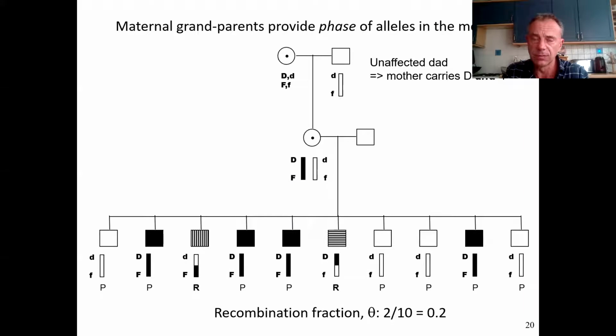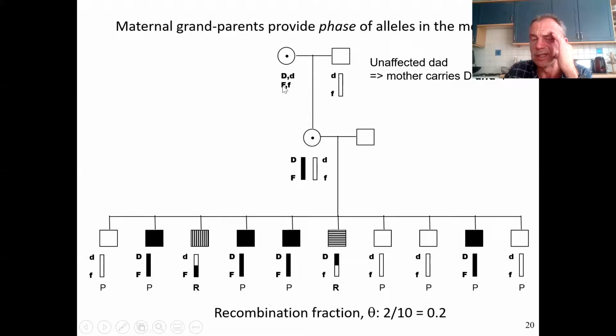So let's assume that we then go on and get information about the maternal grandparents. The mother's maternal grandparents means the parents of the mother. And suppose we know that they were also both phenotypically normal. So then we know that the maternal grandfather didn't have anything wrong. He had normal genes.